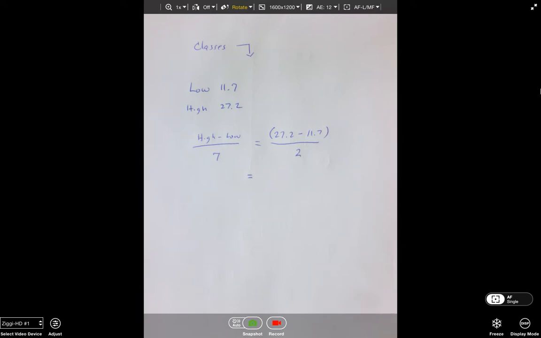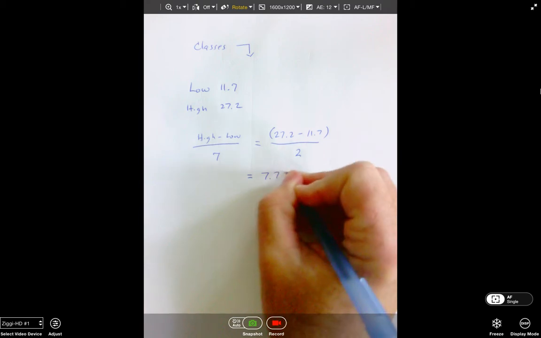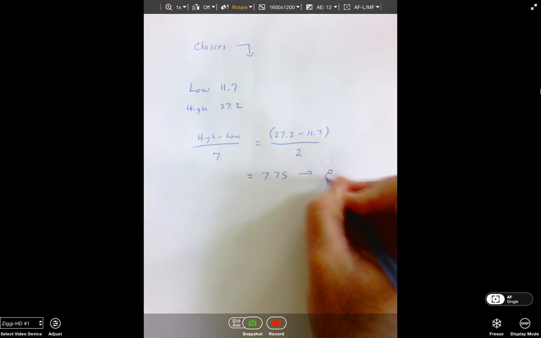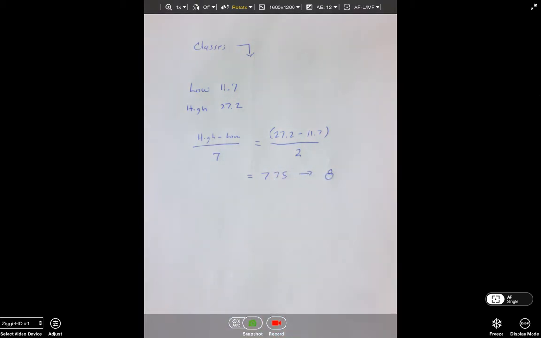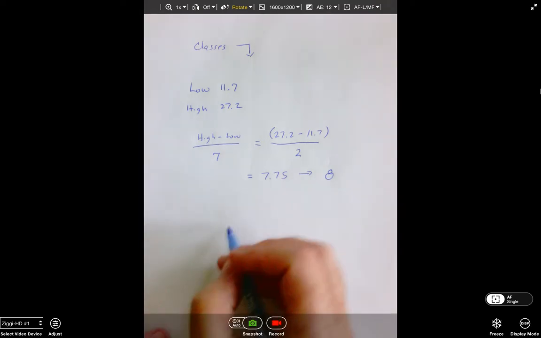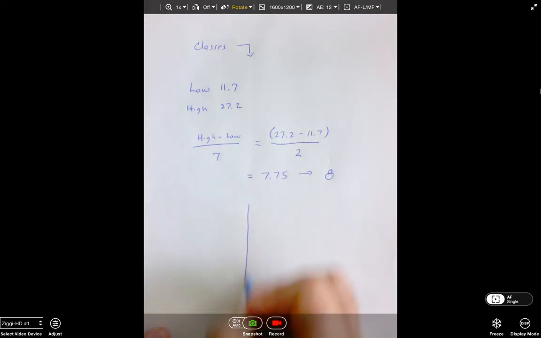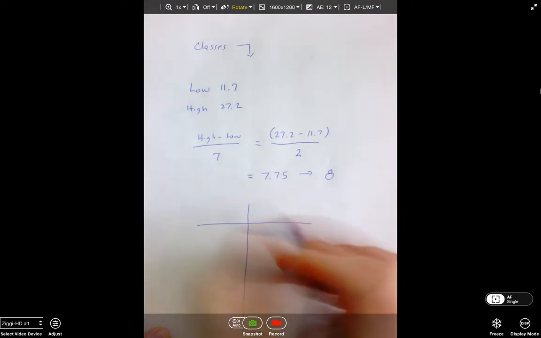What's so holy about 7? What you can find out is when you create these histograms, it seems like 7 classes seem to turn out the best. And I put best in parentheses. So I get 7.75, and I would just round this to 8.